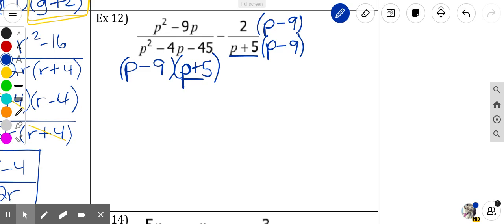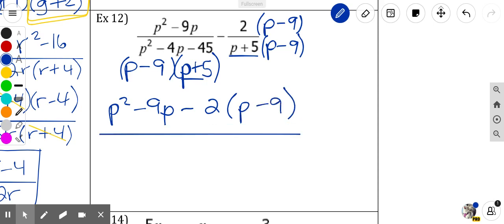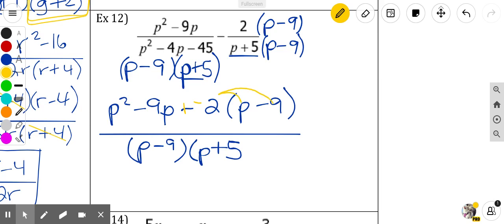Okay, so this is what this turns into. We have p squared minus 9p, and then minus 2 times p minus 9, over p minus 9 times p plus 5. So this negative here has to be distributed to the 2. So we're taking a negative 2 and multiplying it here.